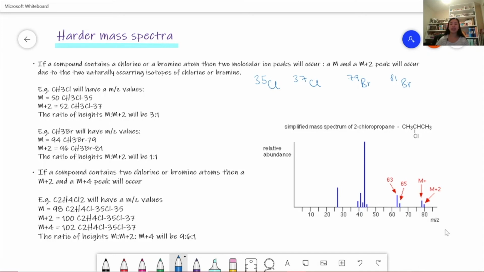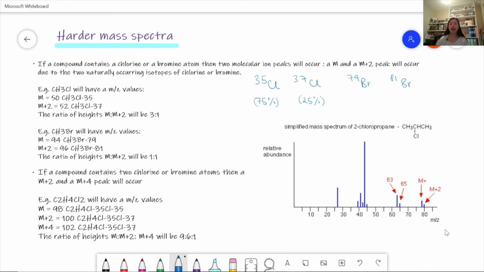The ratio of these heights will be 3 to 1, and this is because the ratio of 35Cl to 37Cl is 3 to 1. So 75% of the time we'll find a 35Cl, and 25% of the time we'll find a 37Cl. And so this is why the ratio of height is 3 to 1 also.